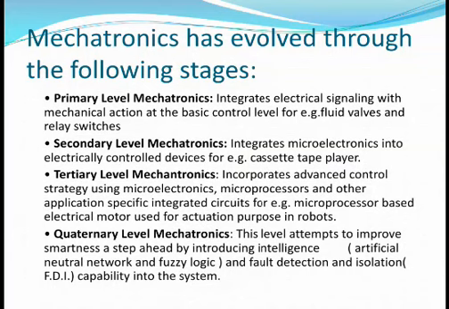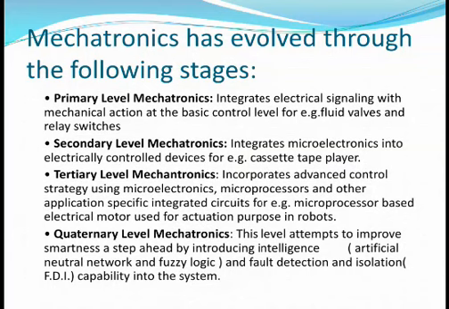Secondary level mechatronics integrated microelectronics into electrically controlled devices, for example, a cassette tape player. Tertiary level mechatronics incorporated advanced control strategy using microelectronics, microprocessors, and other application specific integrated circuits, for example, a microprocessor based electrical motor used for actuation in robots.